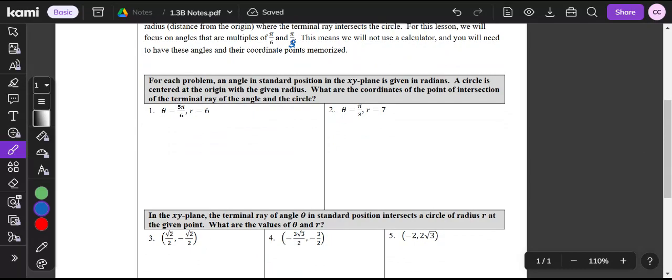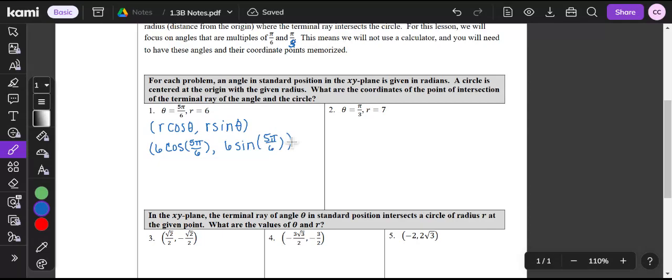So I know using my formula, my coordinates should be r cosine theta, comma r sine theta. And in this case, I know r is 6, and I know my angle in radians is 5 pi over 6.